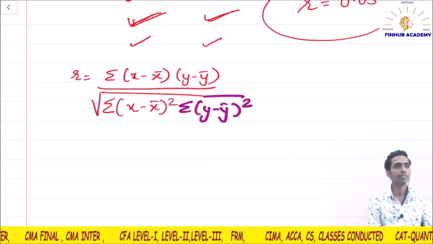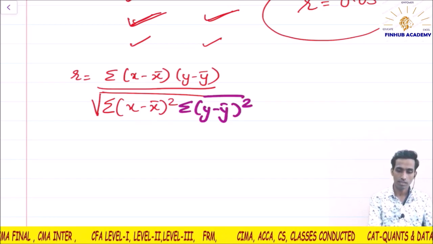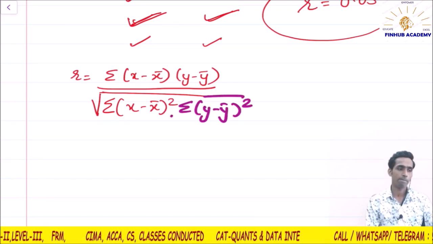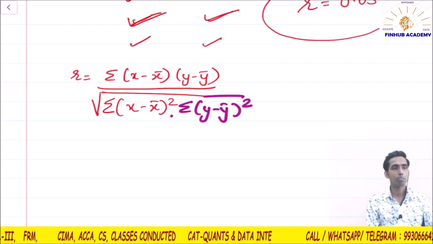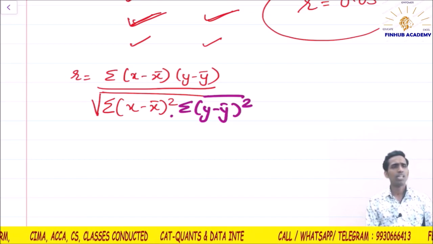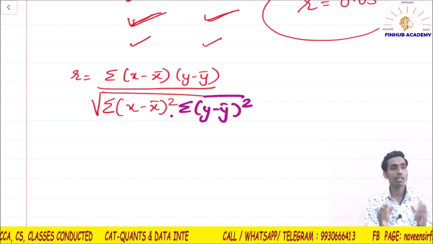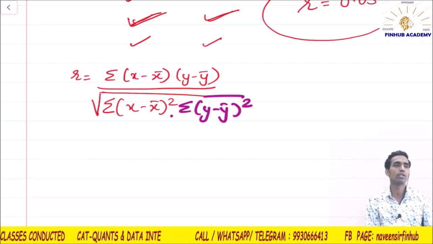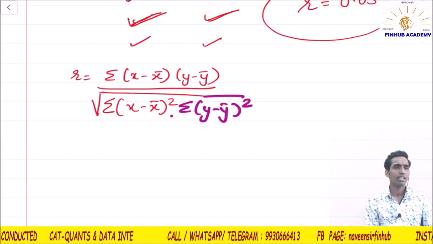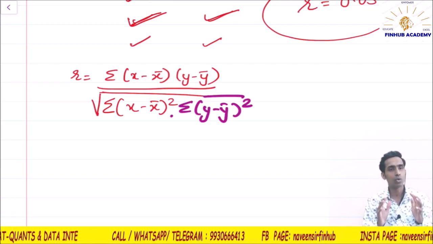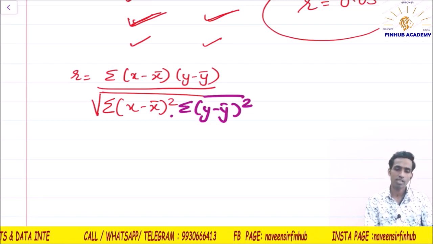Is it clear? Here in between there is a multiplication. Dot means multiplication. Correlation just makes us understand the strength of the relationship between the two things, whether it is strong, moderate, or low. That's it.